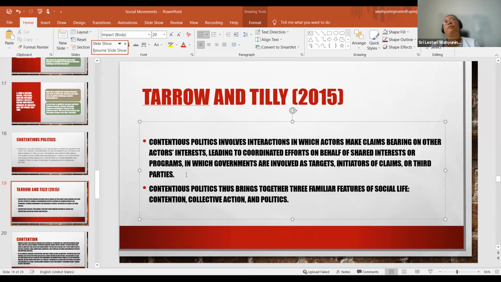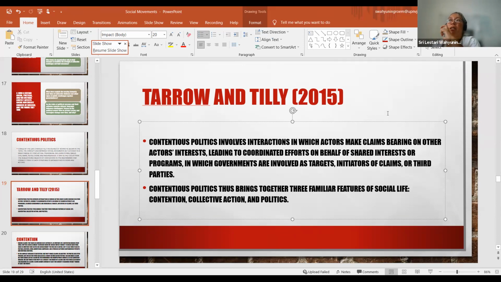So if you define contentious politics as politik perseteruan, menurut saya lebih pas daripada ada beberapa orang yang menulis contentious politics itu, saya lupa ya. I'll have to check again, but I know some of you translate it imprecisely.